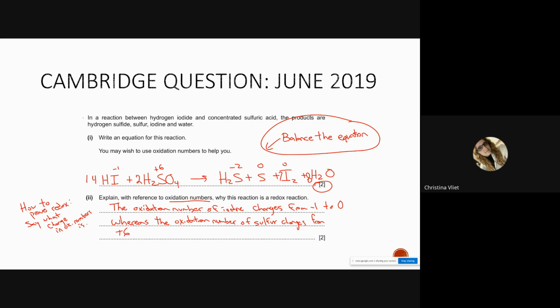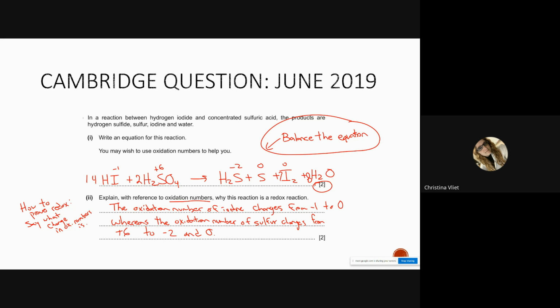From +6 to -2 and 0. So for 1 mark, you would state the change in the oxidation number of iodine, because that's one of the ones that changes. And then the second mark is to do the oxidation number change of sulfur.